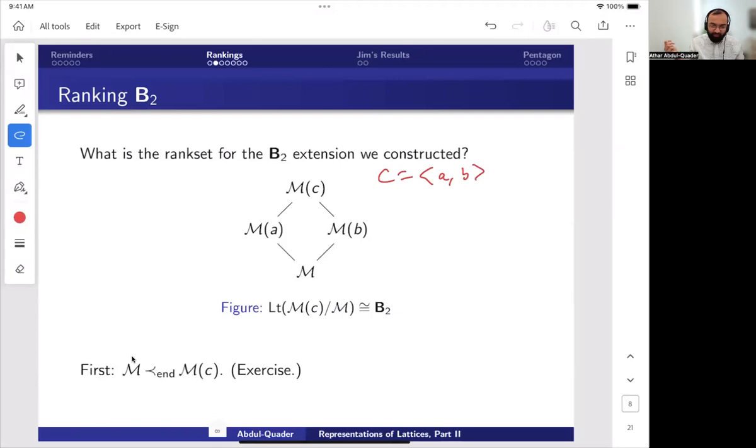And so then M of A and M of B are the other interstructures. And what is the rank set? And so I'm gonna go through this first.